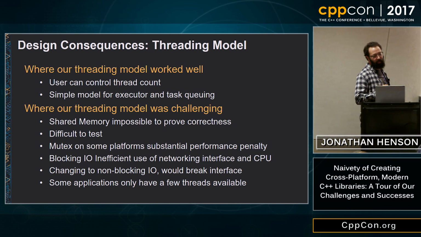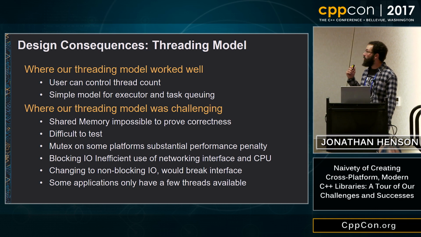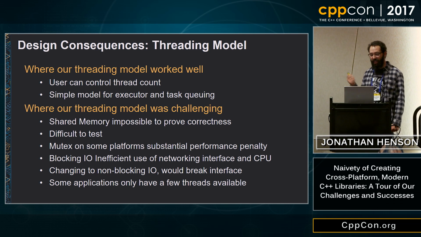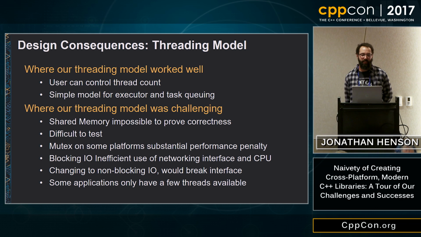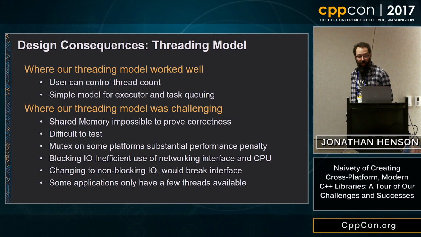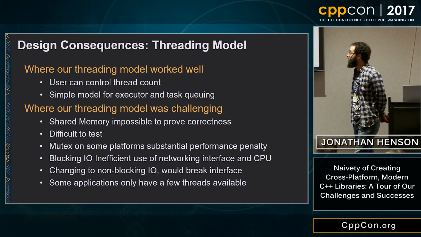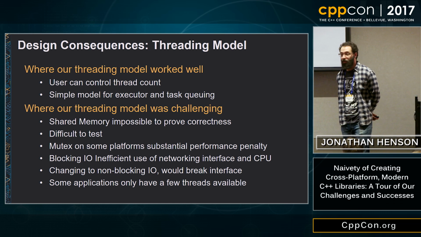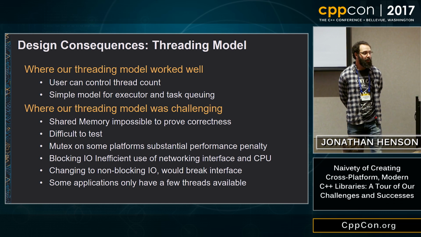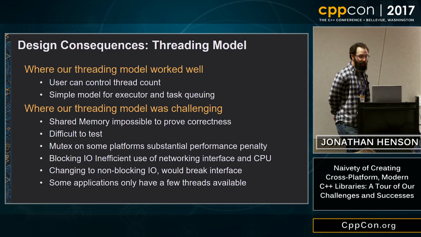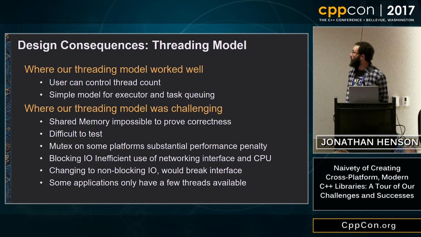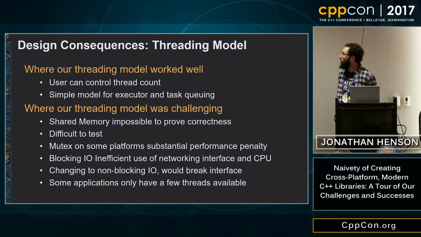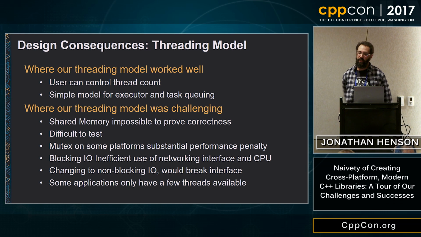Unit tests are difficult. You end up with a bunch of conditionals and mutexes and counts all over the place to synchronize things. Mutex on some platforms is a substantial penalty. On some platforms, it will flush you all the way down to RAM. So where these things matter, the moment you make this decision, you are tying your customer in to this decision.